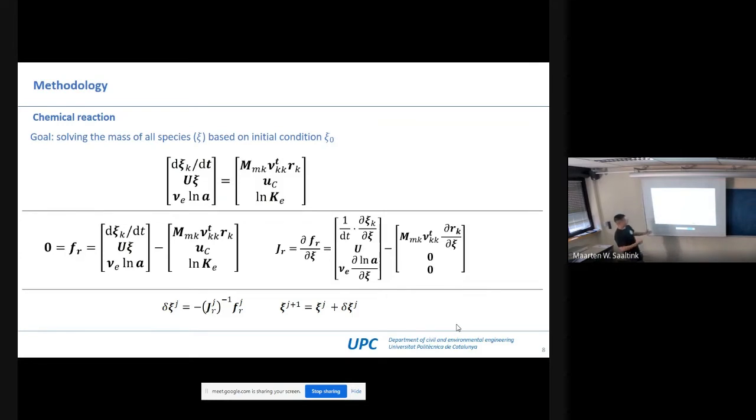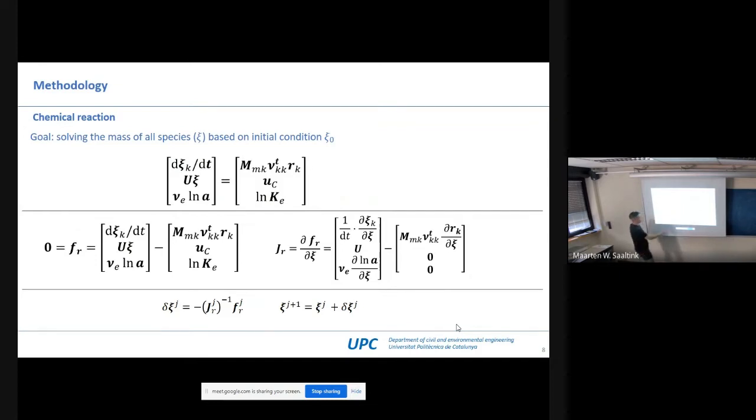So we want to know this. Similarly, if we take the derivative of this term, we get u, which is a constant. The mass of the component does not change over time, so this is 0. Similarly, we have these terms.